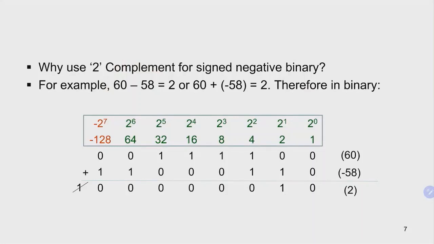So instead of doing 60 subtract 58, we take 60 and add a negative number. If we can convert 58 into a minus 58 number, then we can do additions, and that's equal to 2. So that is where we need a signed binary number, and the signed binary number that can work in this example is the two's complement system.